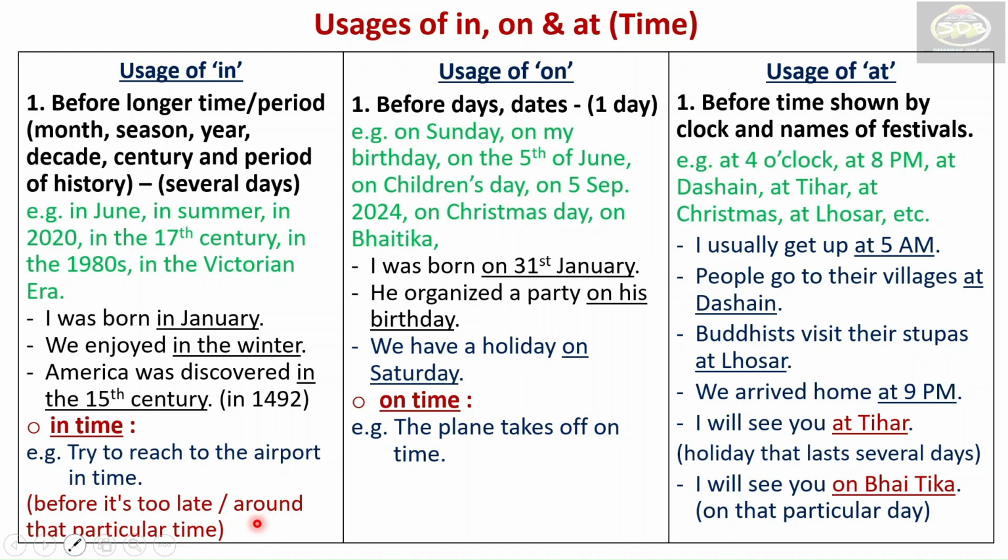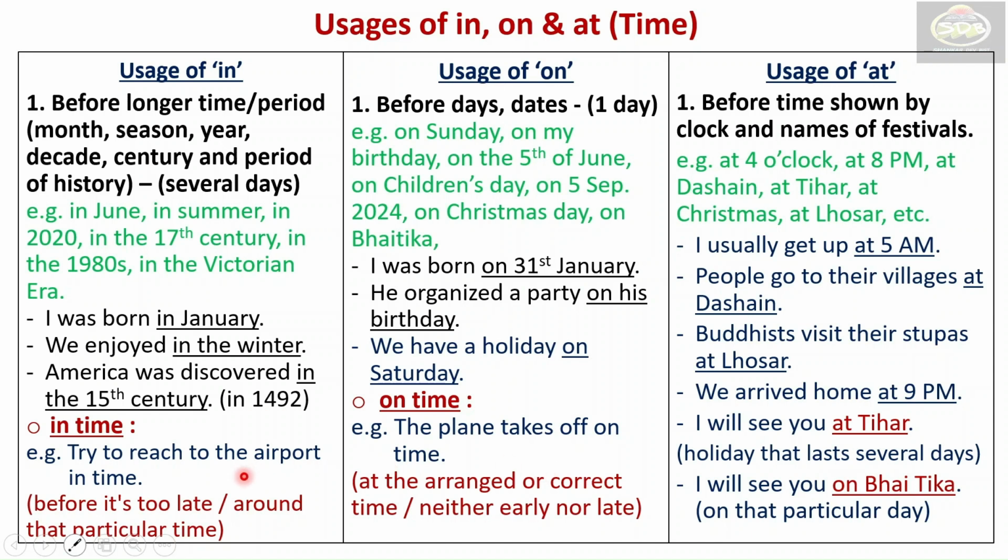That is not the sharp or fixed time, but in time means within that boundary of time. And on time refers to the arranged or fixed time or correct time, neither early nor late. The plane takes off on time means it may be at sharp 8 o'clock, neither early nor late.